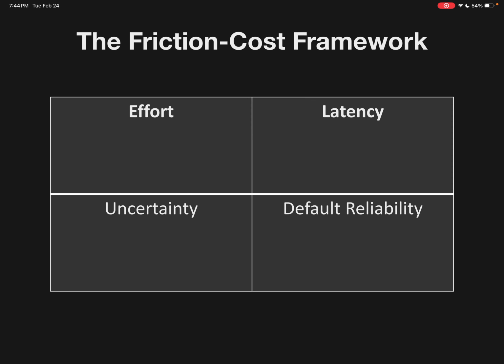I evaluate every AI product through what I call the friction cost framework. We aren't selling intelligence, we are selling the commoditization of judgment to reduce friction in four specific areas: effort, latency, uncertainty, and default reliability.